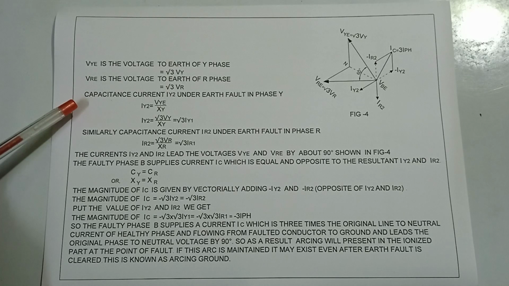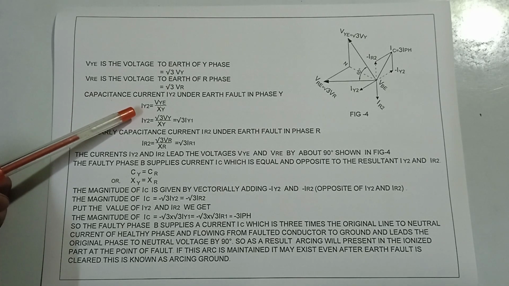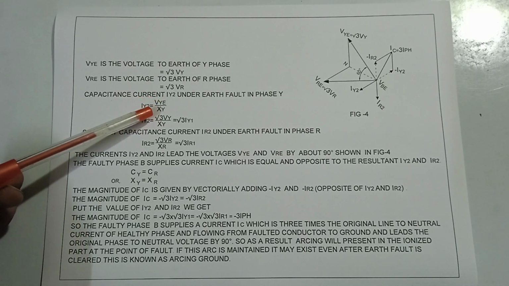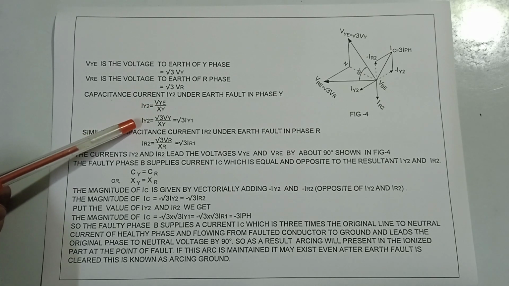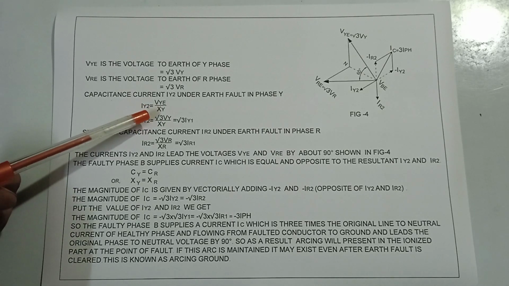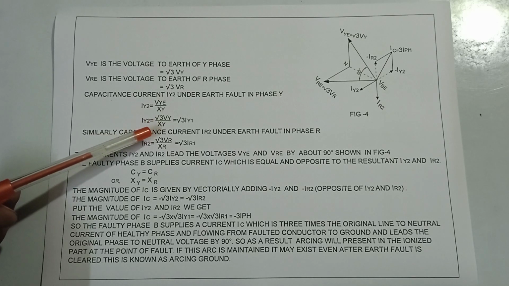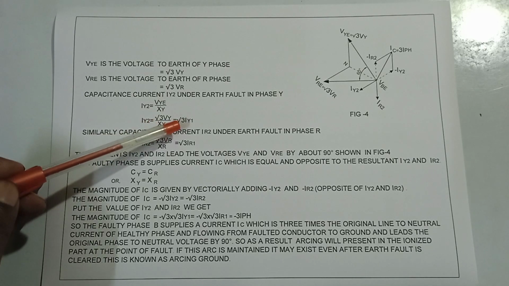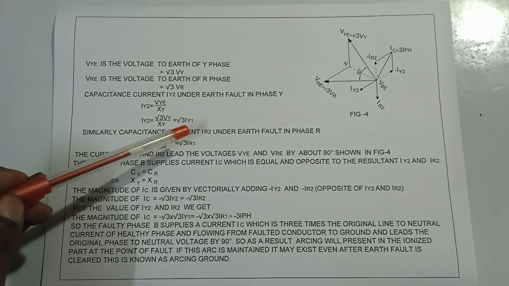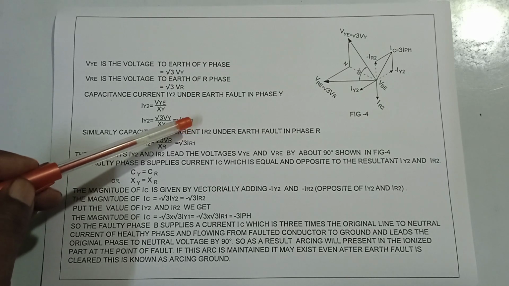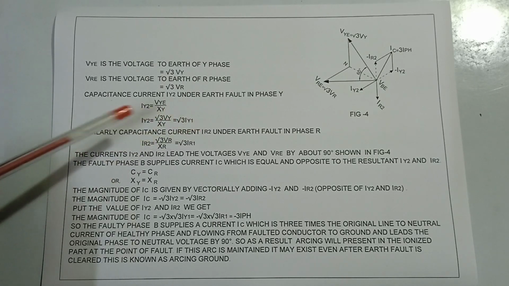The capacitive current Iy2 under earth fault in phase Y is equal to Vye divided by Xye, where Xye means the capacitive reactance of phase Y. So Iy2 is root 3 Vy divided by Xy, which is equal to root 3 Iy1, where Iy1 means the previous original capacitive current.